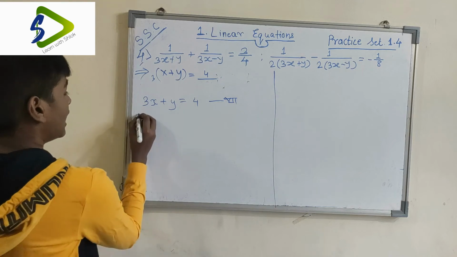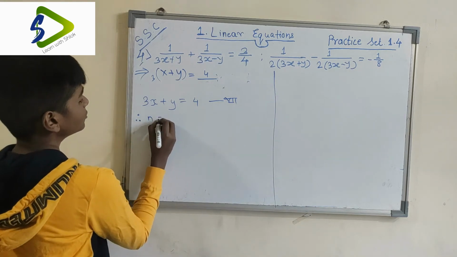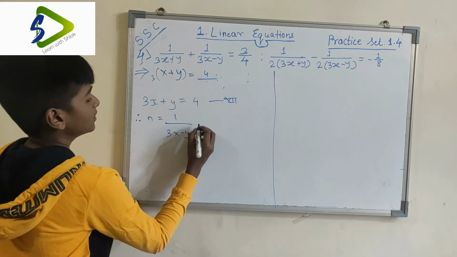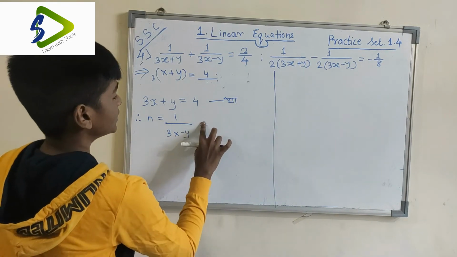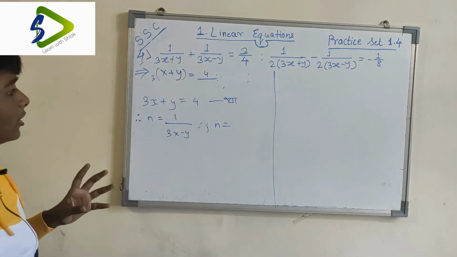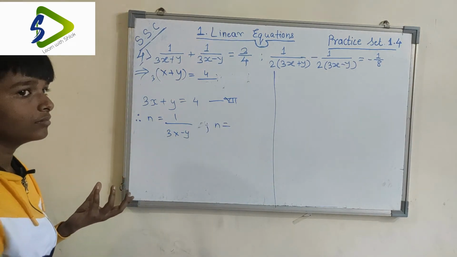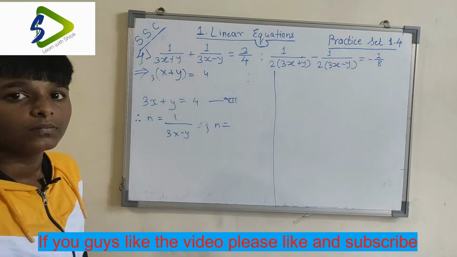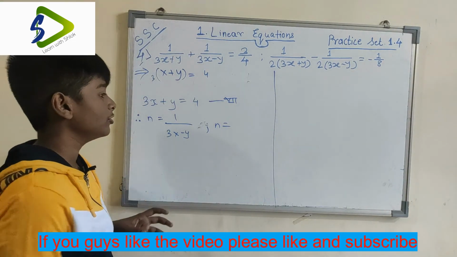And now we know that n is equal to 1 by 3x minus y, and also that we found the value of n. n's value is 1 by 2.